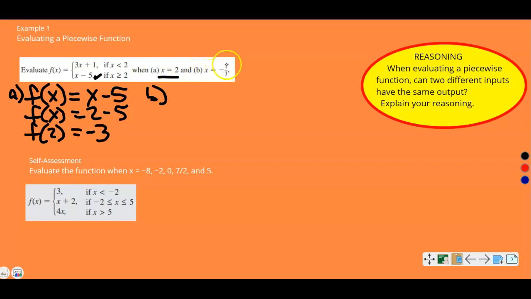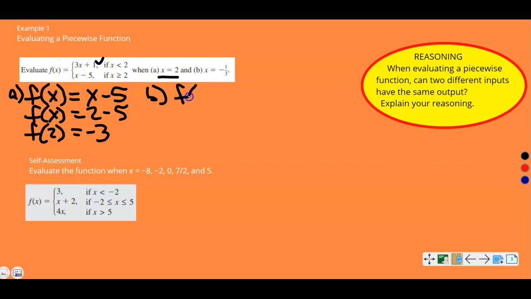evaluate when x equals negative 1/3. All right, so this says if x is less than 2. Negative 1/3 is less than 2. So we're going to use the top function for B part. The top function says f of x equals 3x plus 1.